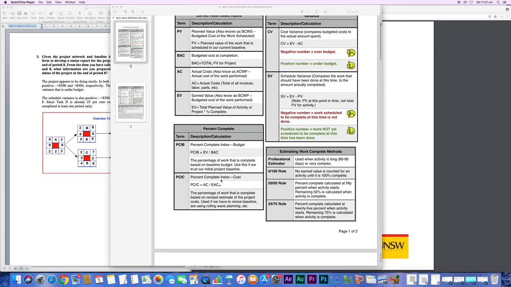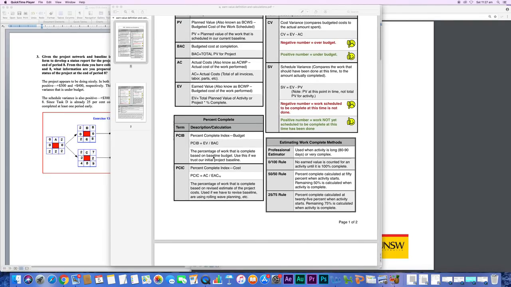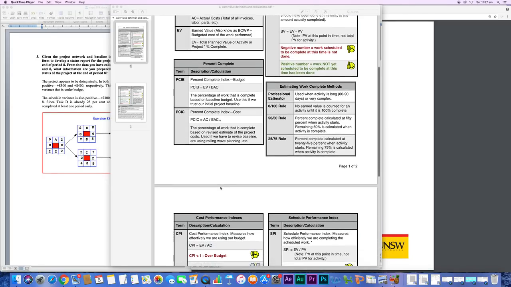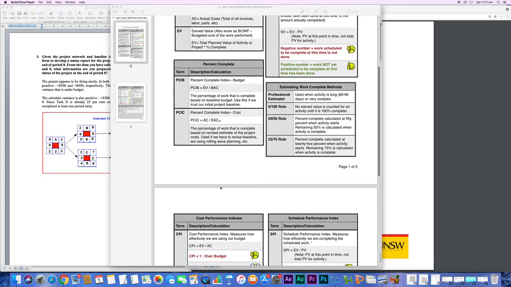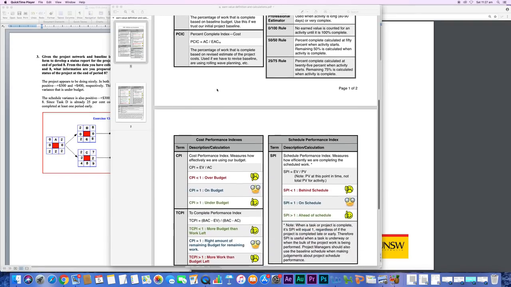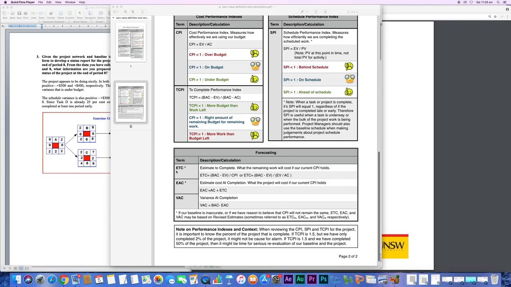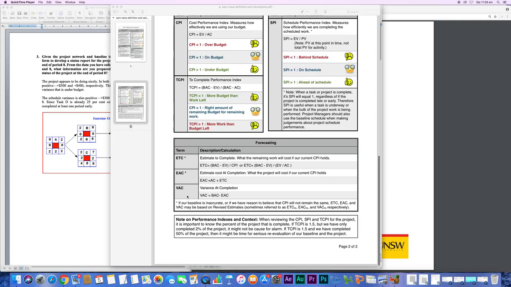If we had to change our original planned budget and calculate another one, then obviously we work with the second one. But in any case, it's important that you remember that percent complete index measures performance rate because it's comparing your earned value with the total budget for the whole project. That's very important. And then we have estimate to complete, estimate at completion, and variance at completion.